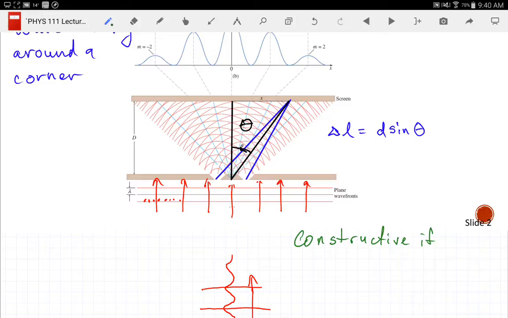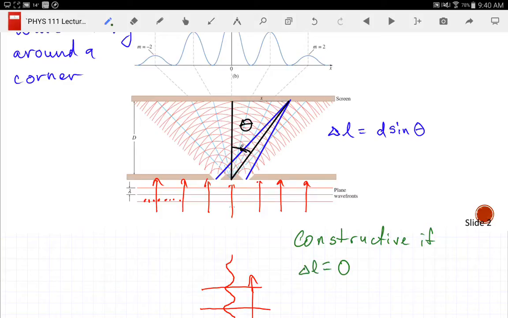And so, what length difference would make them in phase? If they were the exact same lengths, they would still be in phase. So the smallest difference in length would be 0. That would be in phase.